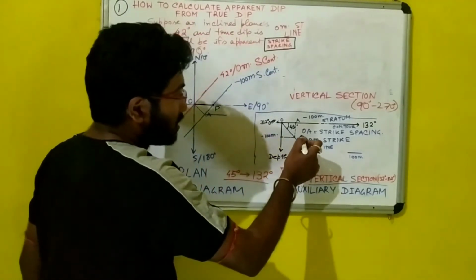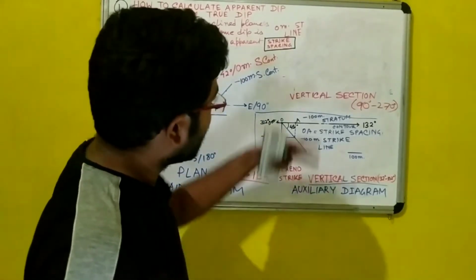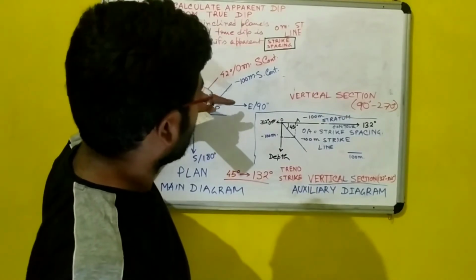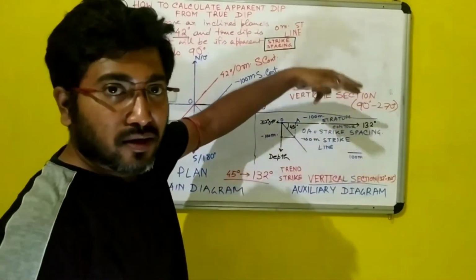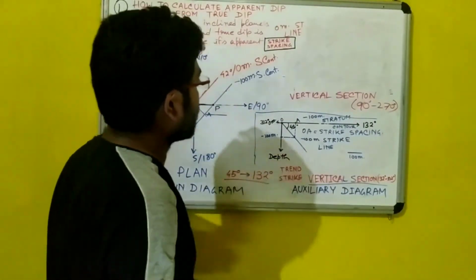And the point I will get will be the intersection of the vertical section along 90 to 270 and the minus 100 meter strike line. So I have to construct that only.